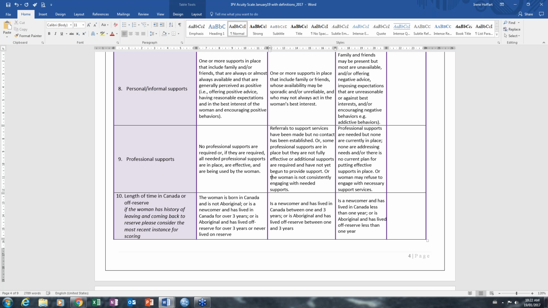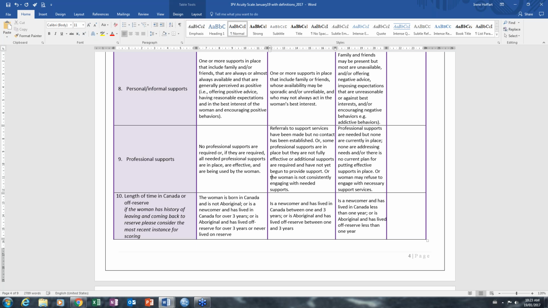We have another question about professional supports. When talking about professional supports, are you including second stage staff as professional support? If this is the case, would a score of 0 for that category be irrelevant for most of our women? No, we're not including the second stage shelter staff. That's an important distinction to make.